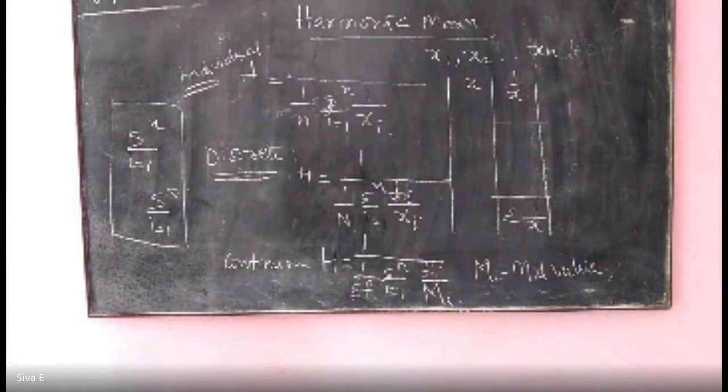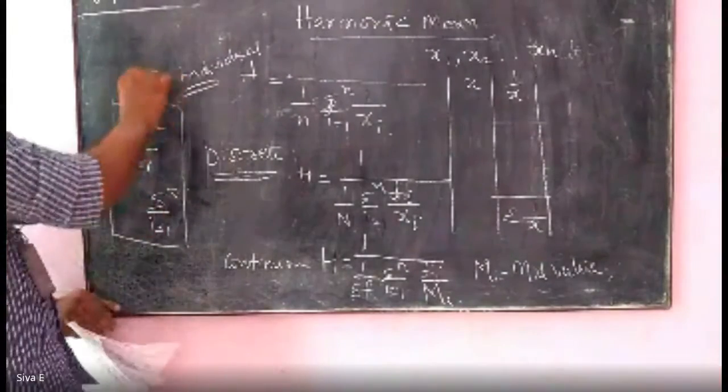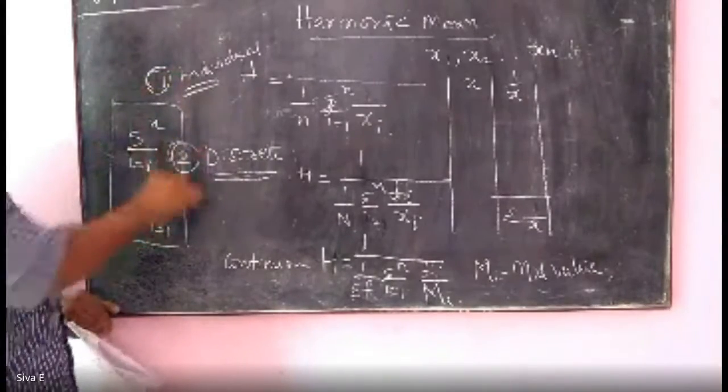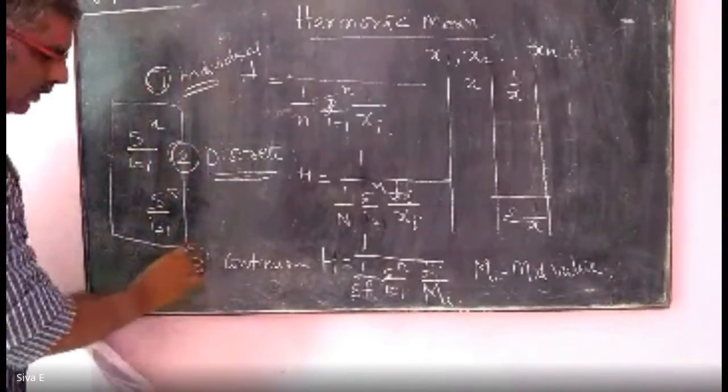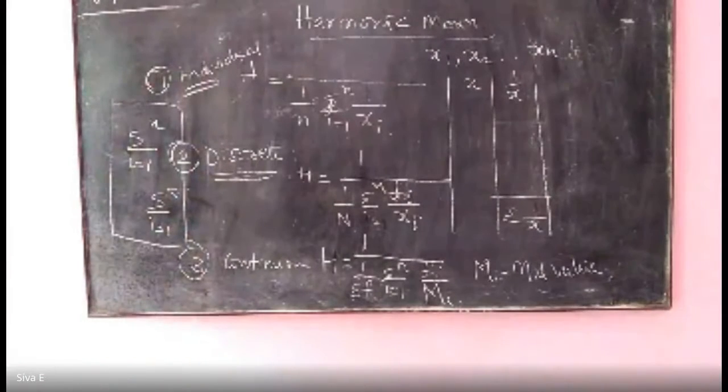First one is for the individual case, second one is for the discrete case, third one is for the continuous case.